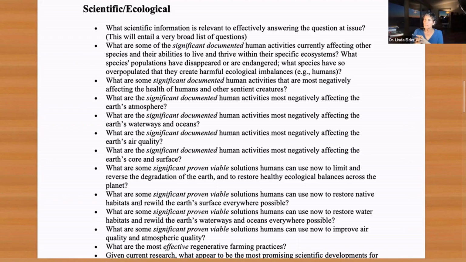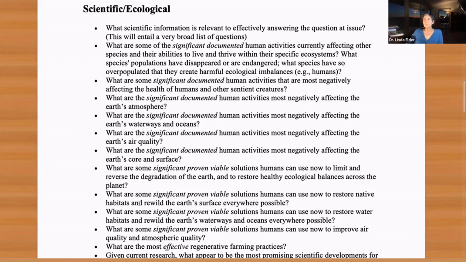So notice just some of the questions, and usually I'm opening here with a general question like this: what scientific information is relevant to effectively answering the question at issue? And everything under this is really going to be unpacking that. So what are some of the significant documented human activities currently affecting other species and their abilities to live and thrive within their specific ecosystems?